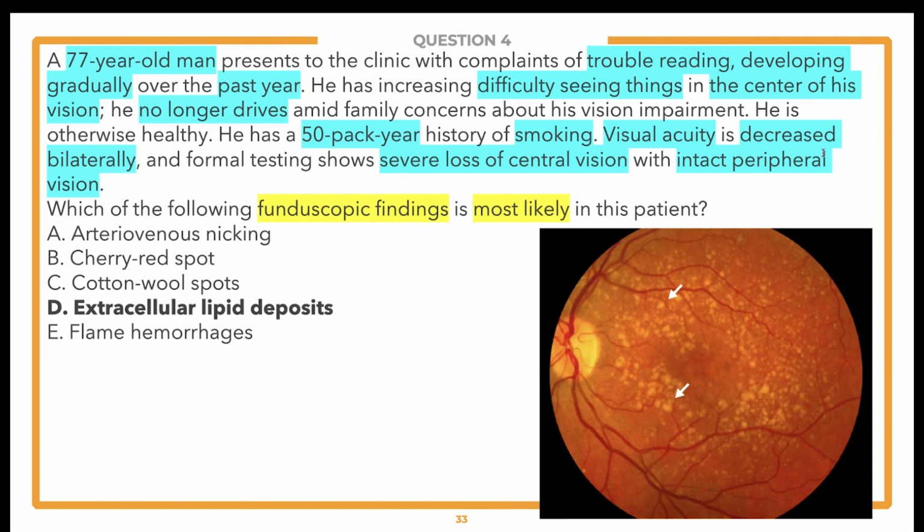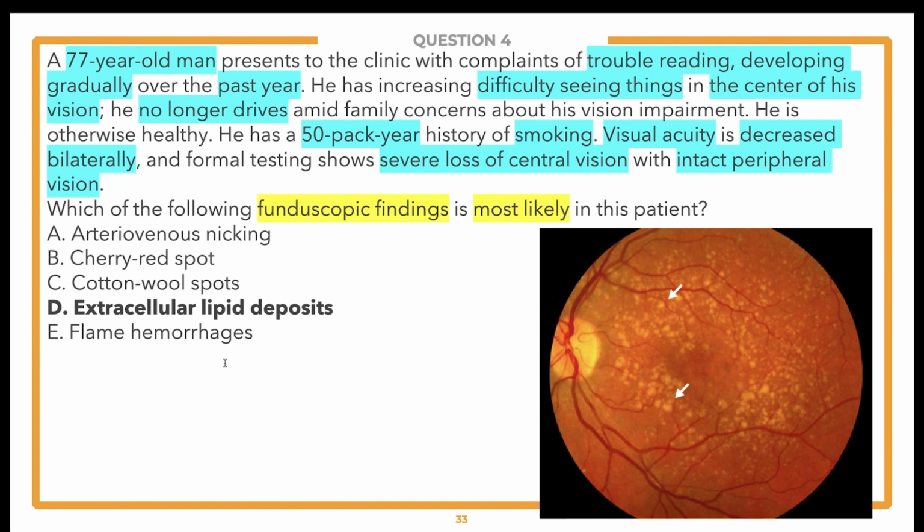Flame hemorrhages as well as arteriovenous nicking, both of those would be seen in hypertensive retinopathy. And some people may have leaned that direction because of the history of smoking, right? And if we look here, let me see how many picked that. Yeah, 23% of you picked arteriovenous nicking, and 14% of you picked flame hemorrhages. So if you combine that, more people picked those two than the correct answer.